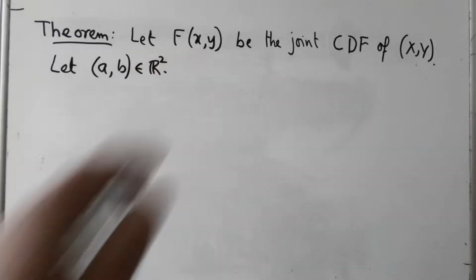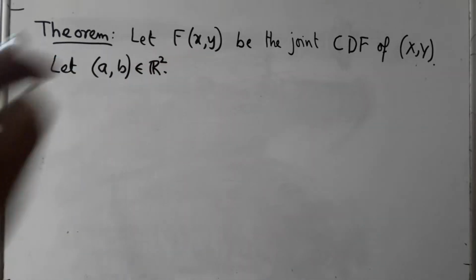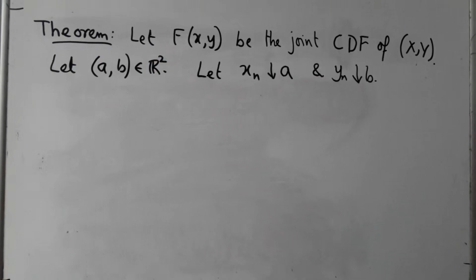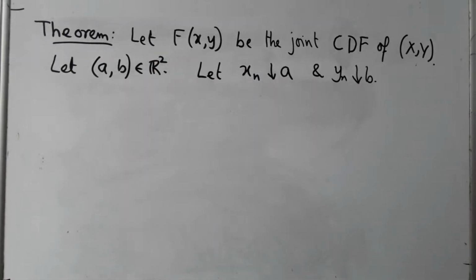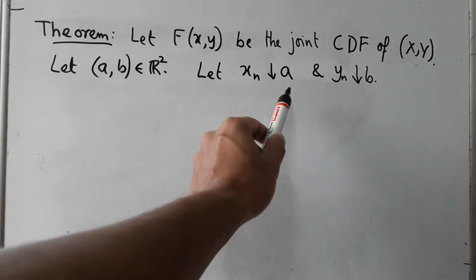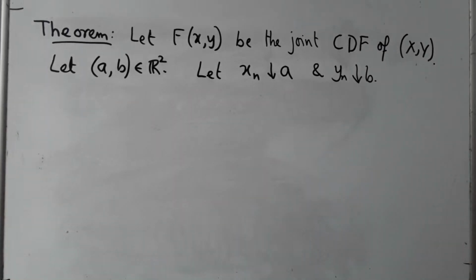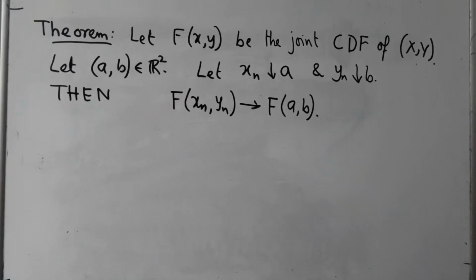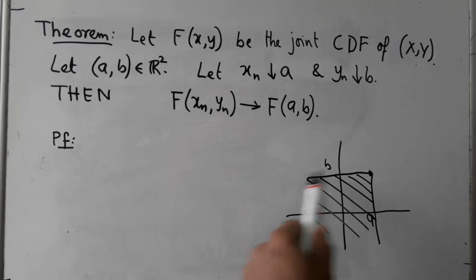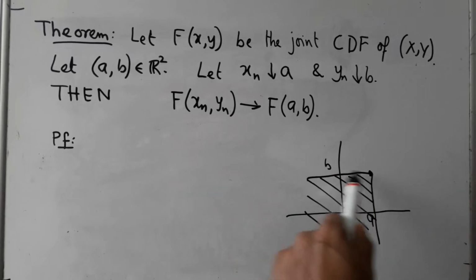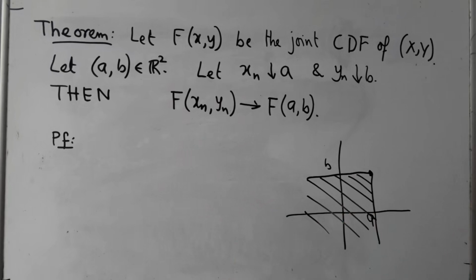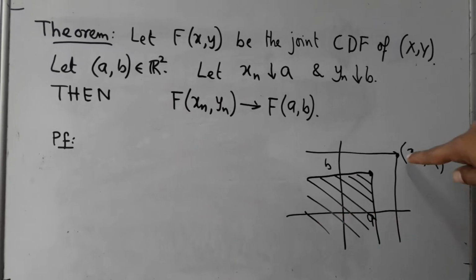I start with Fxy, the joint CDF of x, y, and I take any arbitrary point a, b. Now I take a sequence of points xn, yn that comes down to a, b in the sense xn decreases to a, yn decreases to b. Then F of xn, yn will really go to F of a, b. The idea of the proof is you are considering F of a, b, which means the probability of this infinite rectangle, and your xn, yn is somewhere here approaching from the northeast side.